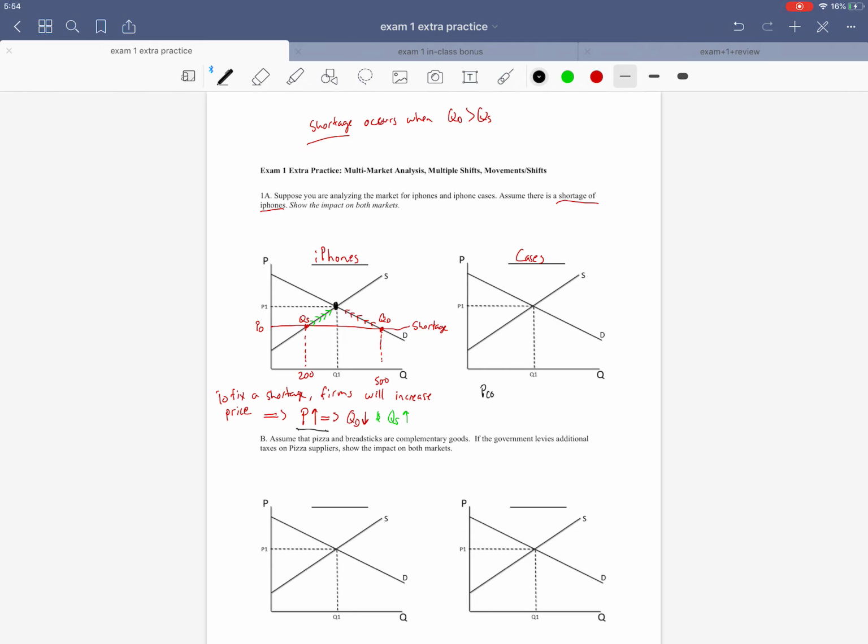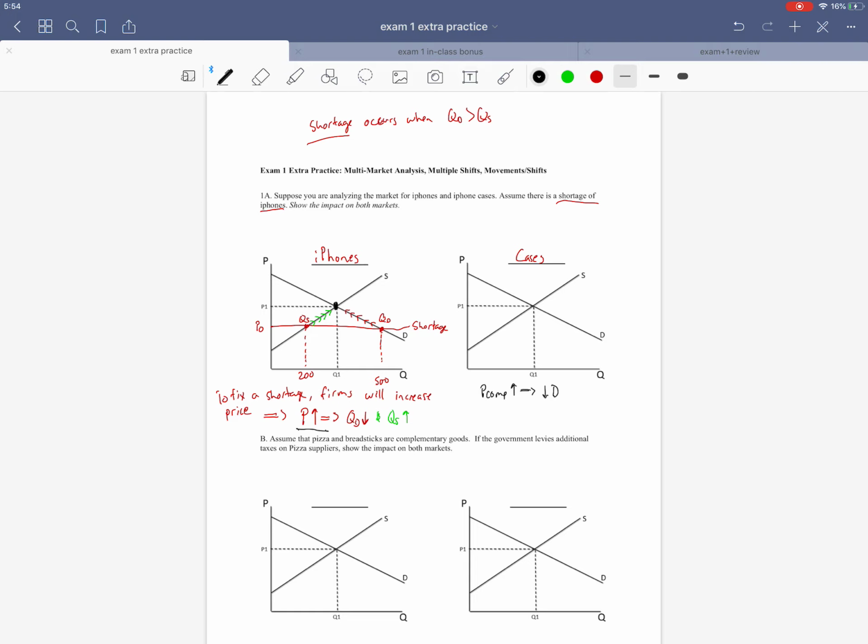So anytime the price of a complement goes up, if iPhones become more expensive, consumers are not going to buy as many iPhones as they previously were. And that's going to impact the demand for iPhone cases, because if people aren't buying iPhones, then they really don't need those cases to go along with them. So we're going to have a decrease in demand.